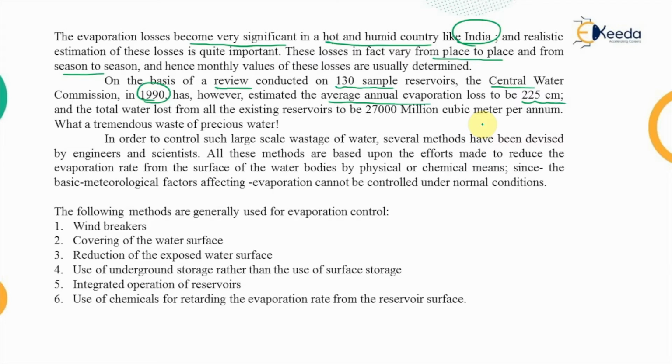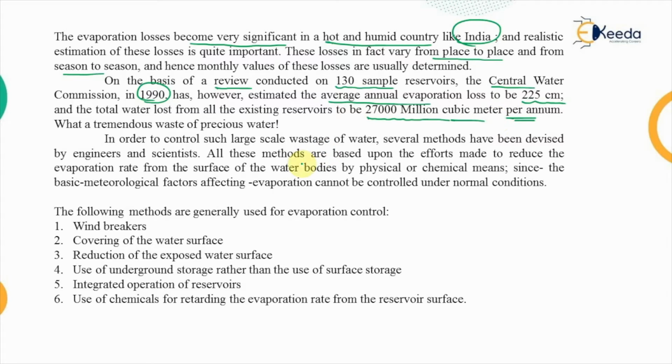And if we combine that for all of the reservoirs that were taken for the sampling, then that will be 27,000 million cubic meter per annum. That means every year we are losing this much water to the atmosphere. What a tremendous waste of precious water. An object which is becoming scarce day by day, we are losing that to the atmosphere.